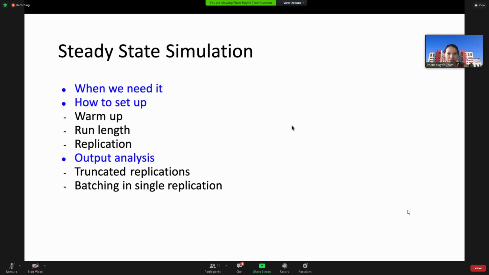Let me introduce a little bit about the steady state simulation. Last time I already explained to you there are two types of system. The system by nature may have a starting point and stopping point.